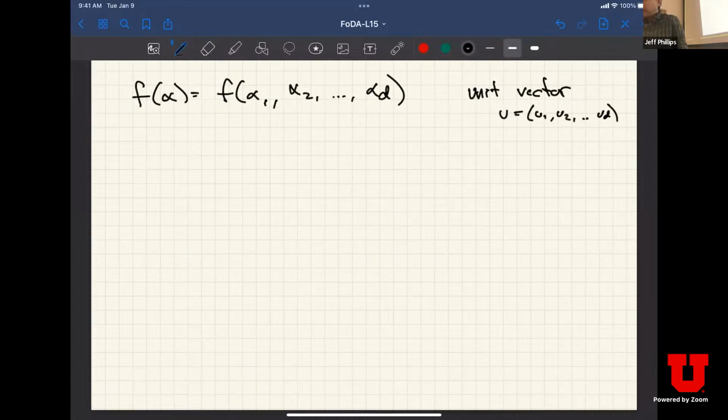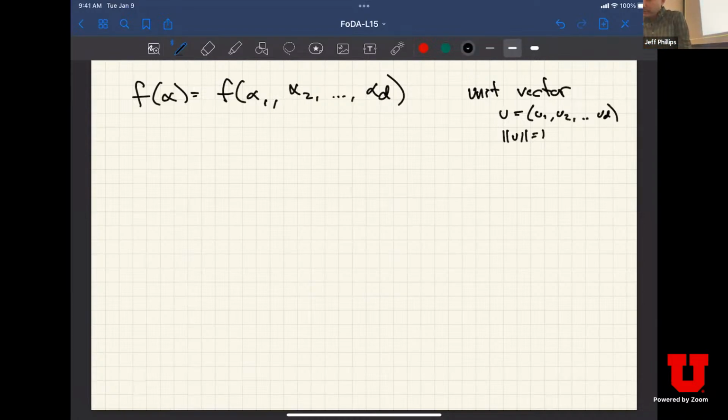That's a d-dimensional vector, and we're going to say that the norm of this vector is 1. The norm of the vector being 1 removes the scale information. So it's just pointing someplace, but it's not assigning a length to it. There's no real scale to it. It's just pointing in a direction.